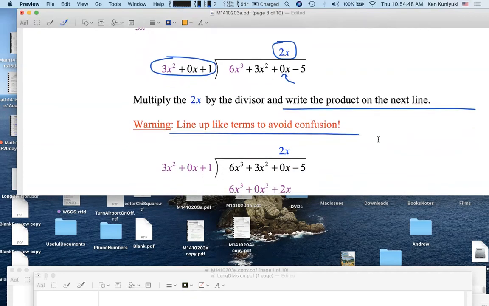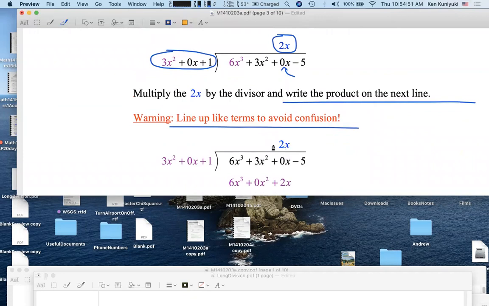All right, so we multiply. Again, 2x times 3x squared is 6x cubed. 2x times 0x is 0. I'll write it as 0x squared. So for students who like to go thump, thump, thump, it might be good to have the 0x out here. 2x times 0x is plus 0x squared. So you have something in the x squared term column. And then 2x times a positive 1 is a positive 2x.